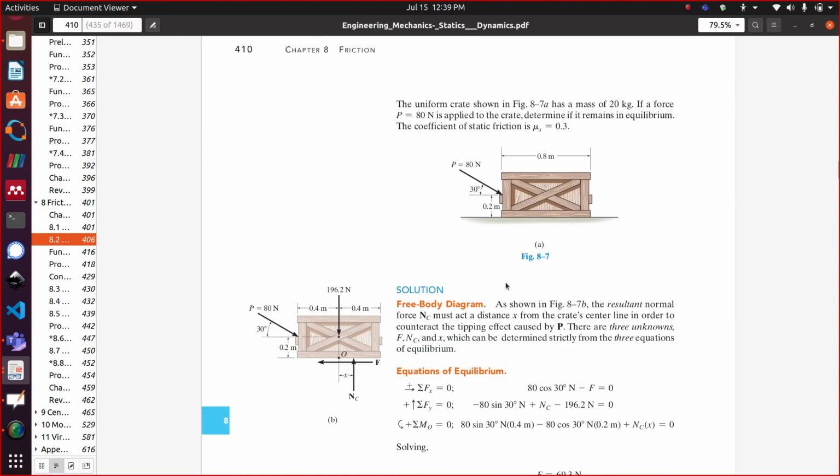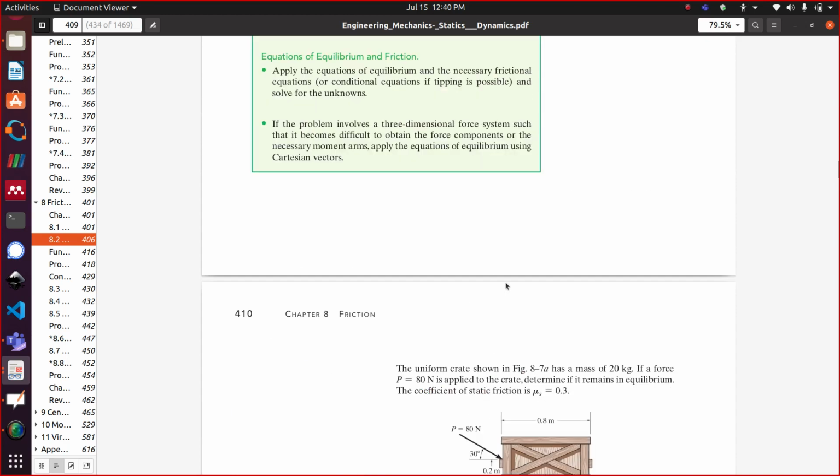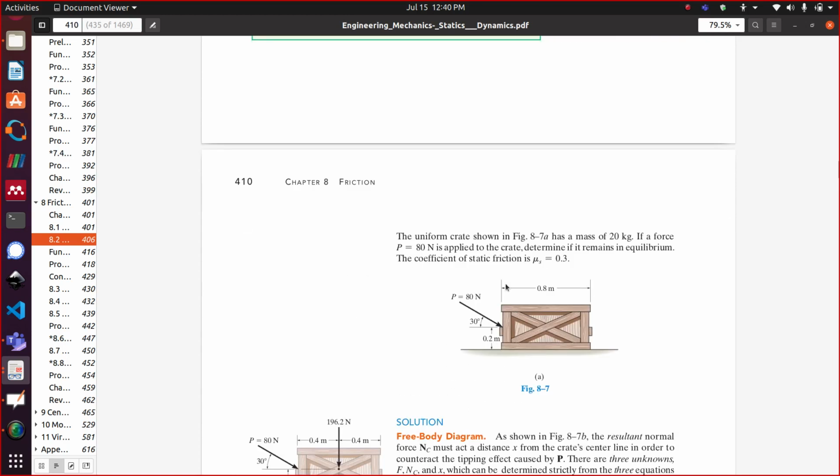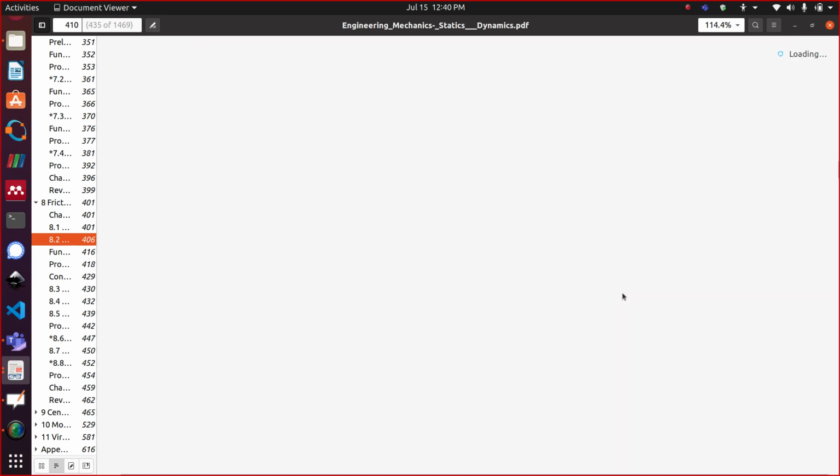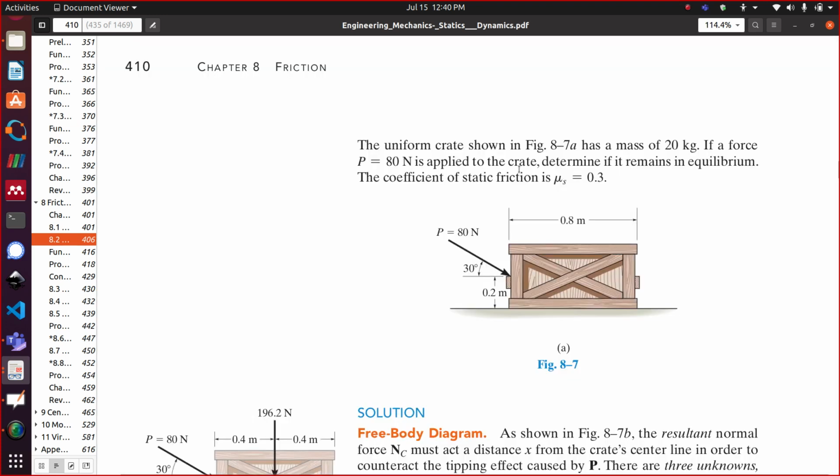You have an object, or you have a block, a box which has a mass of 20 kilograms, and a force of 80 Newton is applied to the box, to the crate.